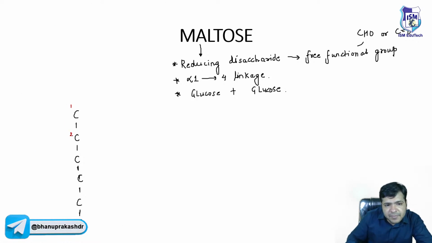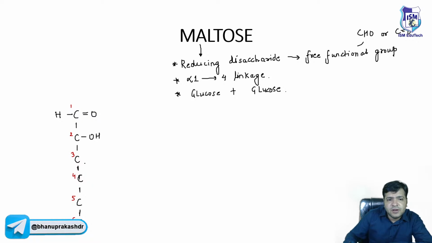So let me just label it. It is 1, 2, 3, 4, 5, 6. Glucose has 6 carbons, C6H12O6. At the first carbon, you already know we have the functional group, the aldehyde group CHO.